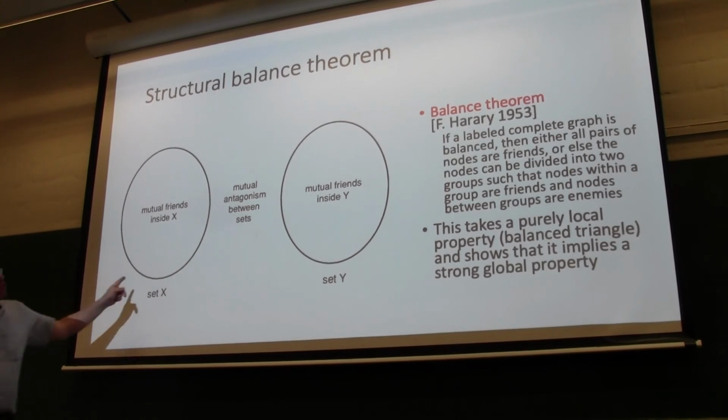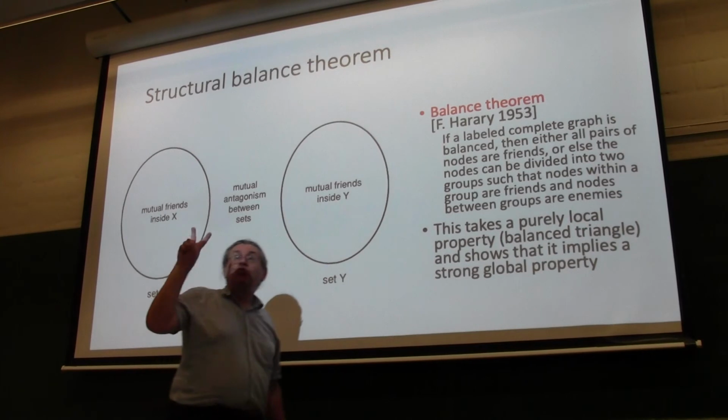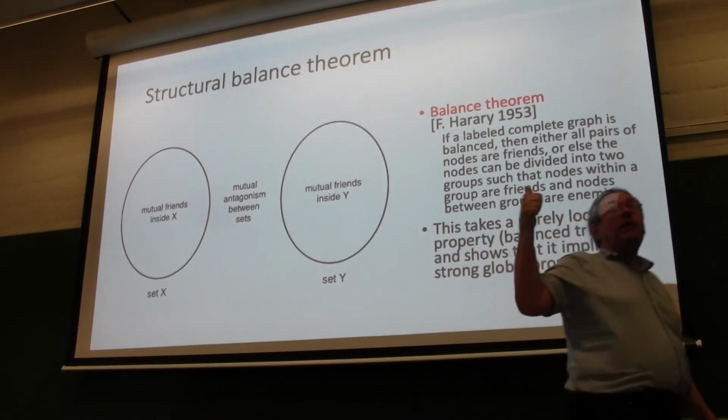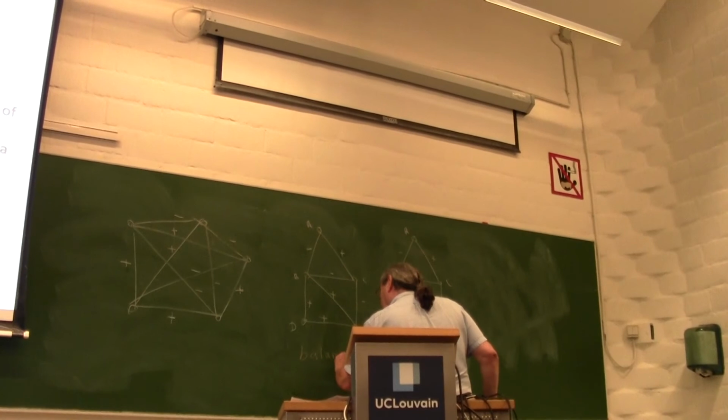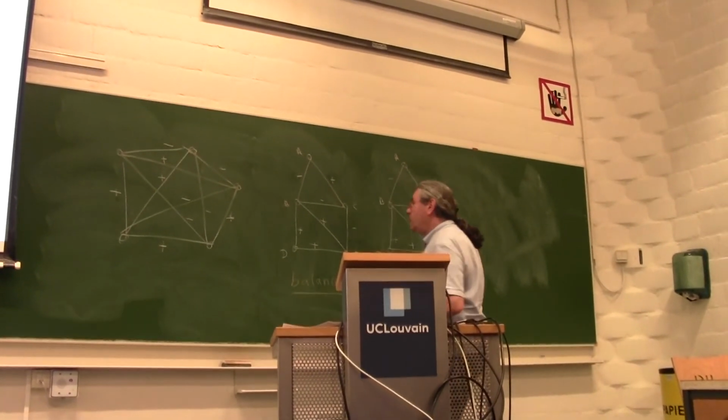So there's actually 2 groups. You can split the graph into 2 groups, always 2. Either 1, if there's no enemies at all, or 2. But never 3 or 4 or anything, only 2. Okay? So that's interesting. Okay, for example here, if you look here, so this graph is balanced. Okay, it's balanced.